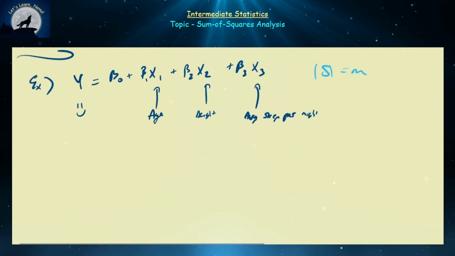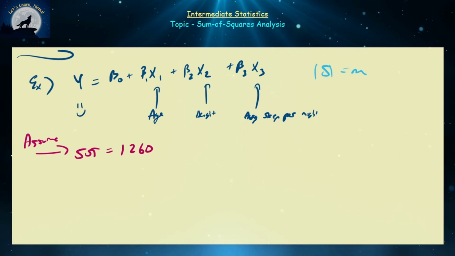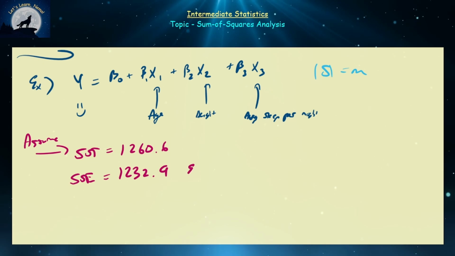And let's assume, for the sake of this example, that we obtained an SST which came out to 1260.6. Let's also assume that the SSE for that particular model came out to 1232.9. And obviously, if SST and SSE are these values, then one can find that the SSM is equal to 27.7.